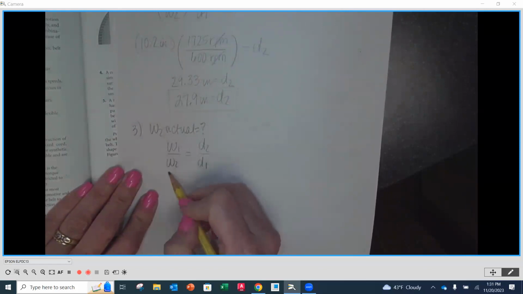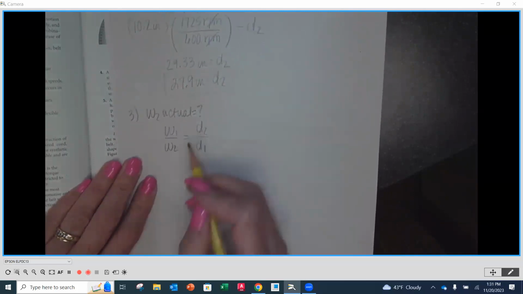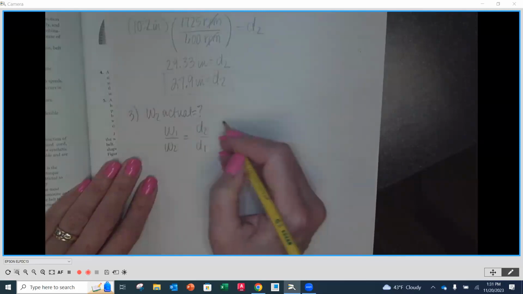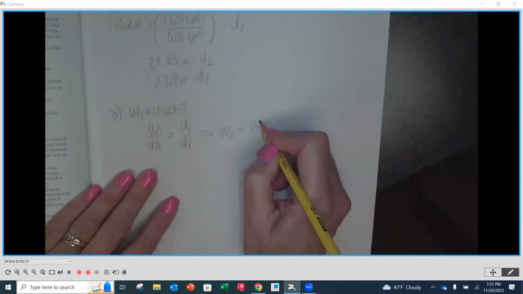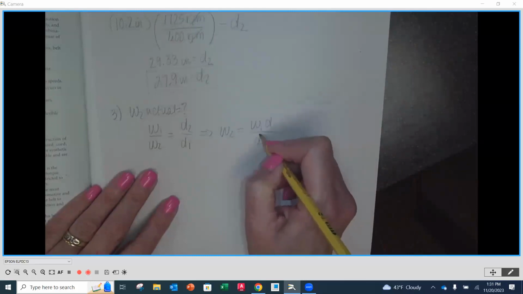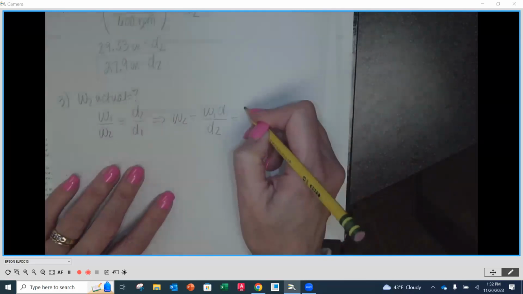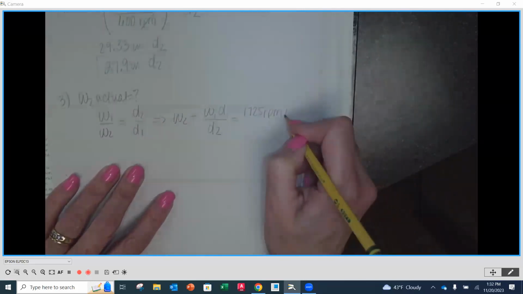So we want to solve this again for W2 to find out what it is now that we have picked them. So you've got to rearrange this equation. You're going to multiply this up. This comes down and then that goes up. So our W2 is going to be equal to W1 times D1 divided by D2, equal to 1725 RPMs, right? That's off of our motor.